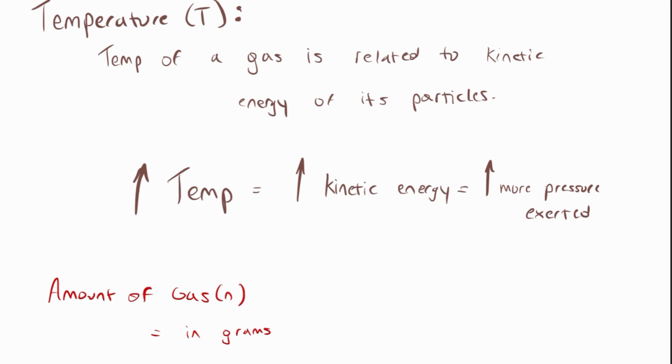Okay. Lastly, we have temperature. The temperature of a gas is related to the kinetic energy of its particles. And again, we talked about this in these last slides, where kinetic energy, just think movement, and the temperature of the gas influences the behavior of the particles.